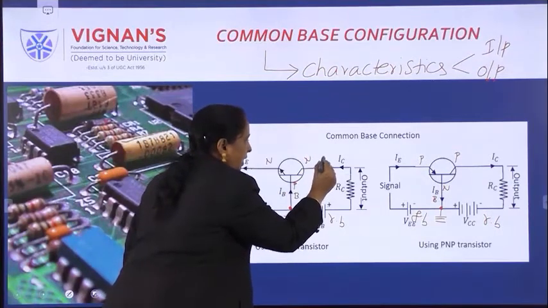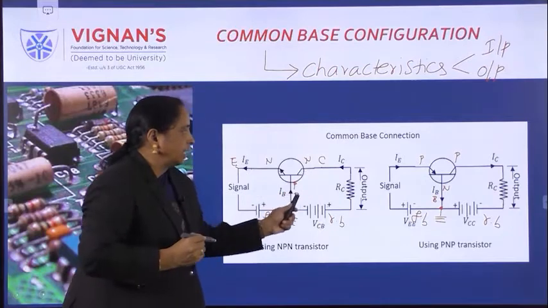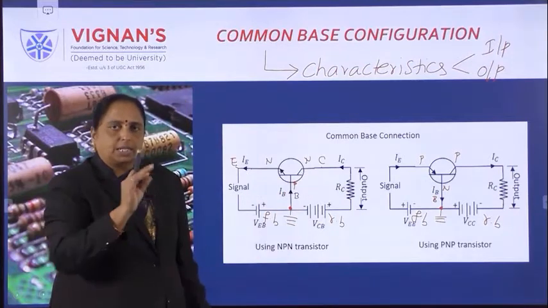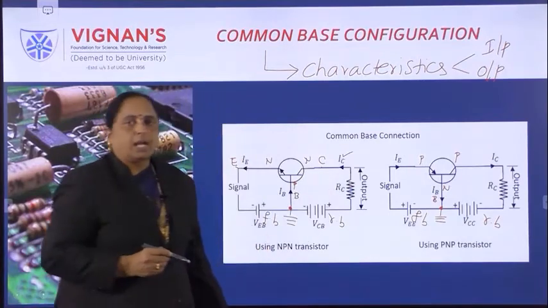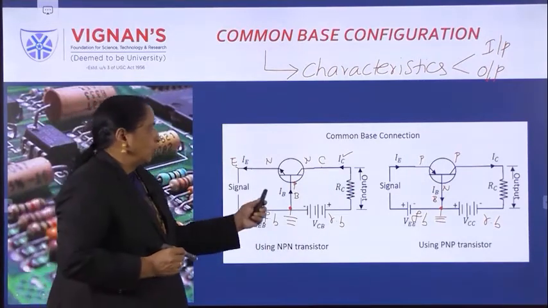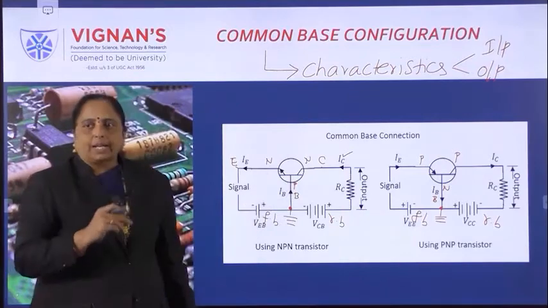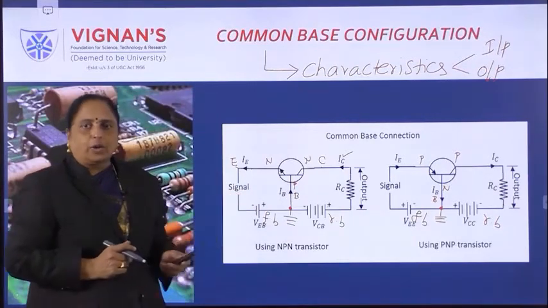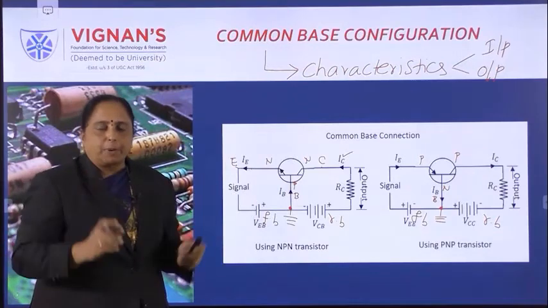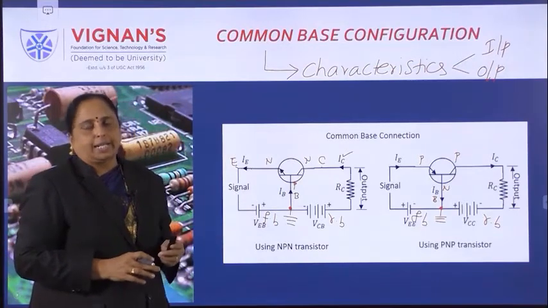So this is a collector terminal. Between collector and base, one voltmeter to measure the output voltage, and output current is nothing but the ammeter. So two voltmeters, two ammeters we will connect across the BJT. Therefore, now we are going to connect BJT with an experimental setup to study the characteristics.